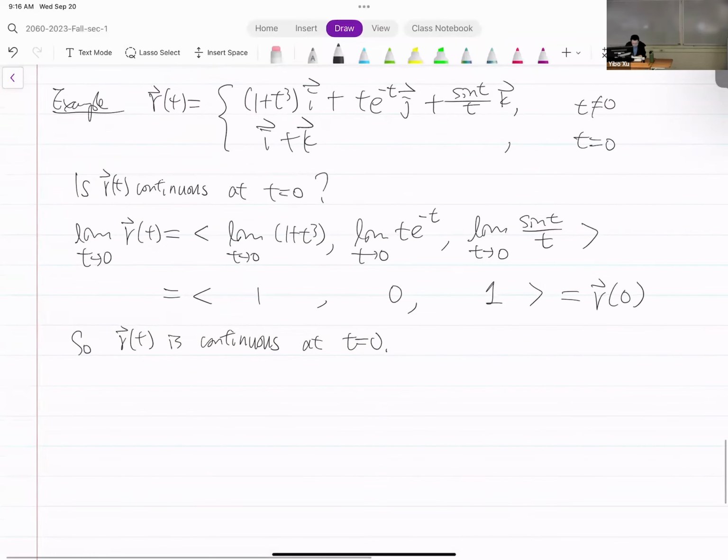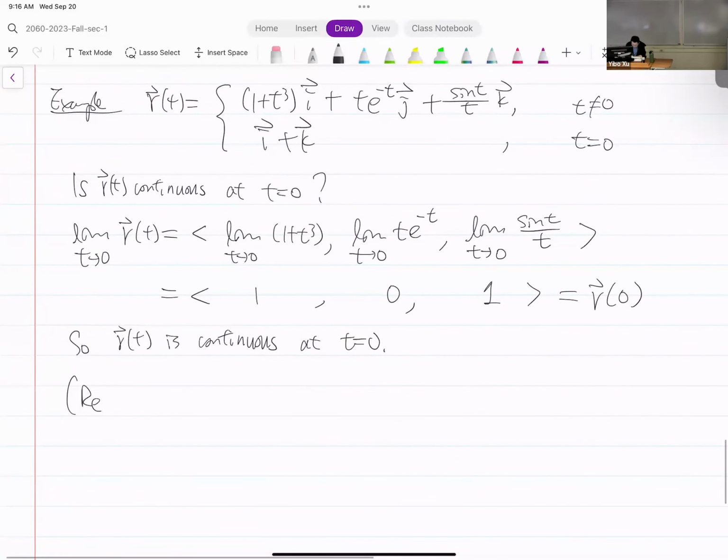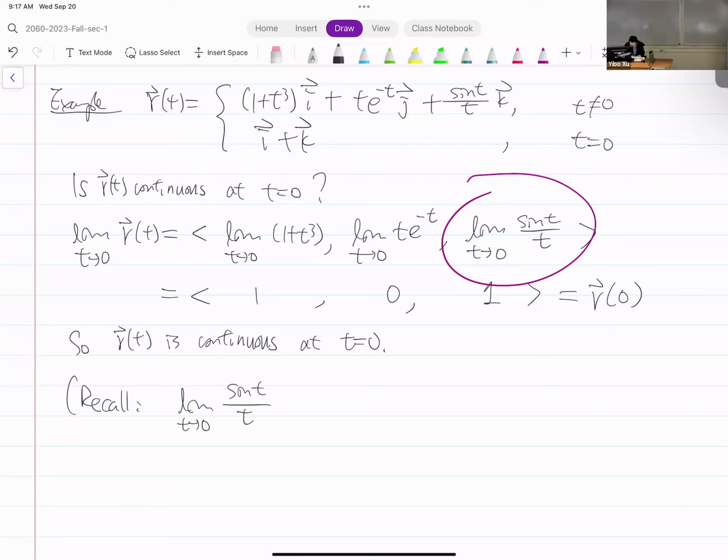That's the conclusion. And of course, if you want to be reminded about the limit calculation here, recall when t goes to 0, the limit of sine of t over t. Let's see how we apply L'Hopital's rule. Firstly, try plugging in 0 in the numerator and denominator. Sine of 0 is 0.